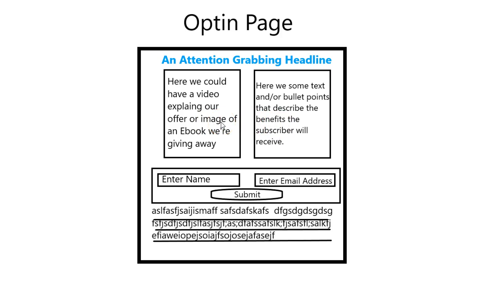But in a lot of cases, especially if you're giving away a free report or a short ebook, what we'll have here instead of a video is an image of what looks like the cover of a book that will have the title of the free information that you're giving away.